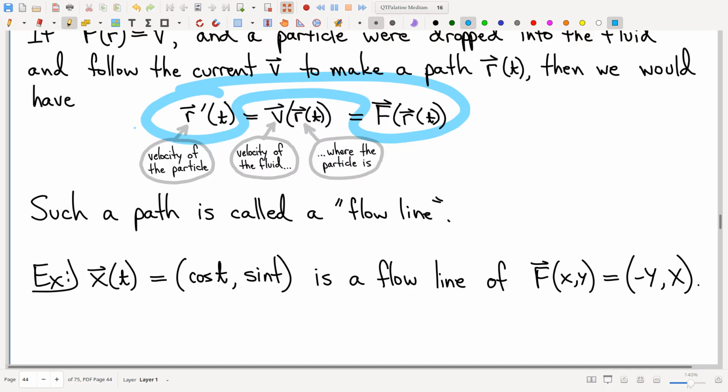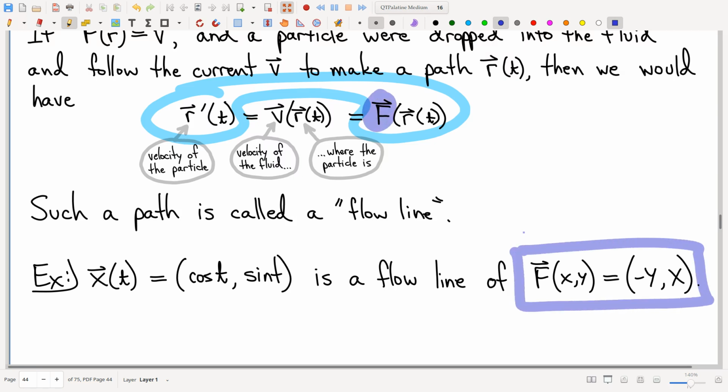For example, imagine this right here as the vector field, and keep in mind we've seen this vector field before. This is the one that's rotating counterclockwise. I could totally imagine a fluid doing that. This is what I like to call the stirred pot.